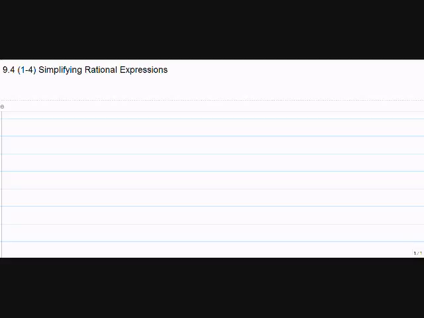Simplifying rational expressions. Again, you did some of this yesterday without me and may have done just fine.